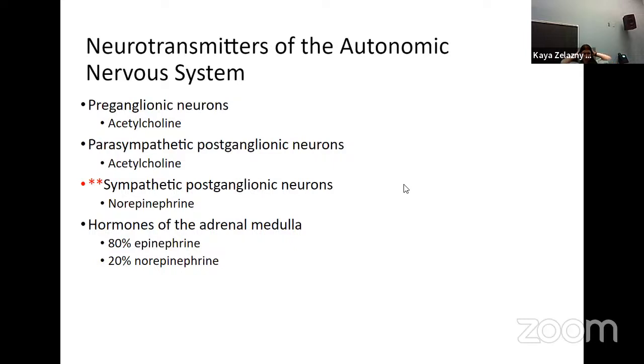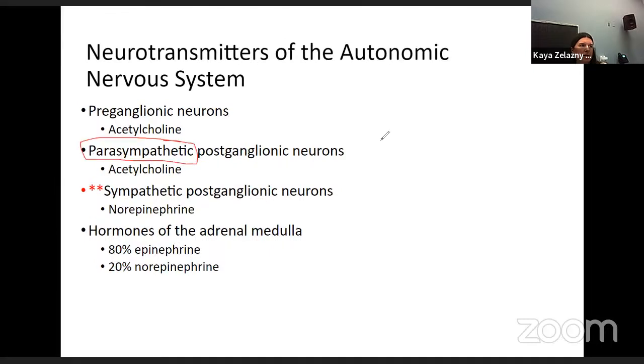The simple thing about the autonomic nervous system is that any preganglionic neuron, whether it's part of the sympathetic or the parasympathetic, is going to be releasing acetylcholine. We're always releasing acetylcholine from a preganglionic neuron. From our postganglionic neurons, we are going to be releasing acetylcholine only in the parasympathetics. So in a parasympathetic pathway, the preganglionic neuron releases acetylcholine, synapsing with the postganglionic neuron, and then that postganglionic neuron also releases acetylcholine.